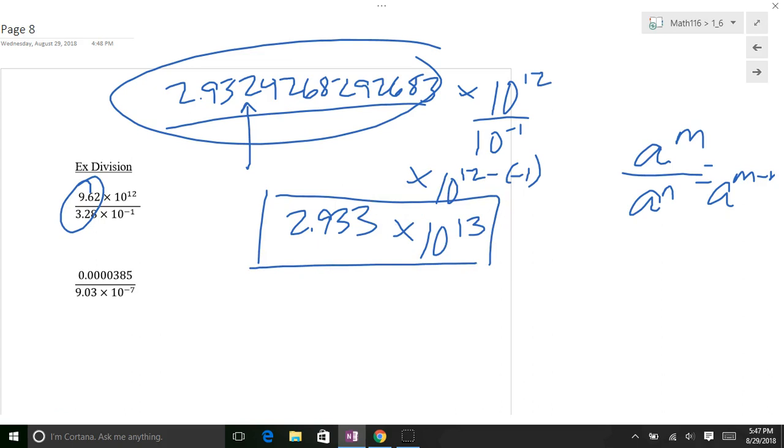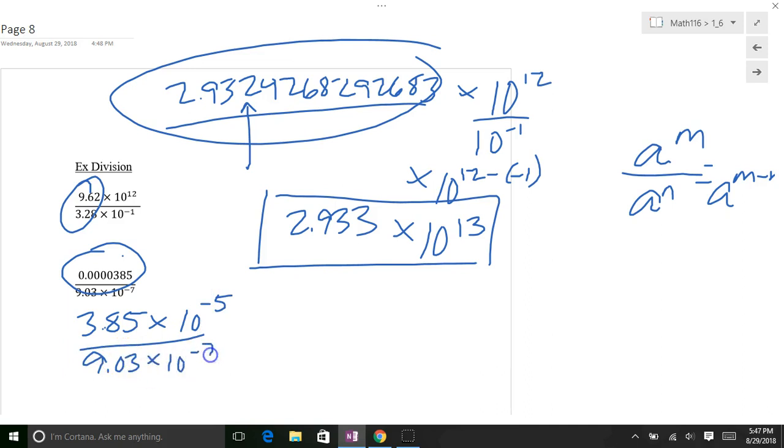Okay. On this one up here, I'm going to do a similar approach, but with that one, I'm going to put it in scientific notation. So that's 3.85 times 10 to the, looks like I have to move that 1, 2, 3, 4, 5, and 9.03 times 10 to the negative 7.